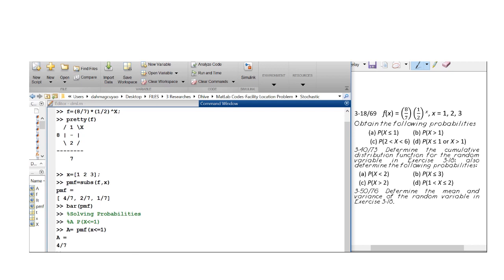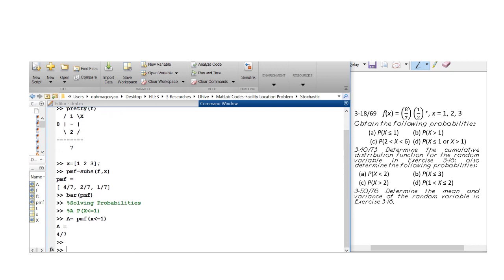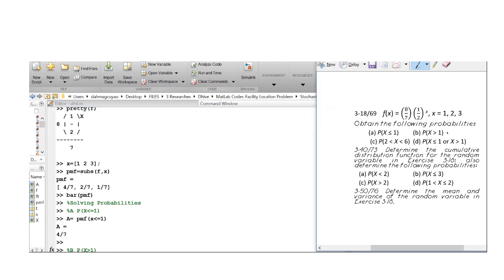For letter B, we're looking for the probability that x is greater than 1. We have solved this kind of problem already.